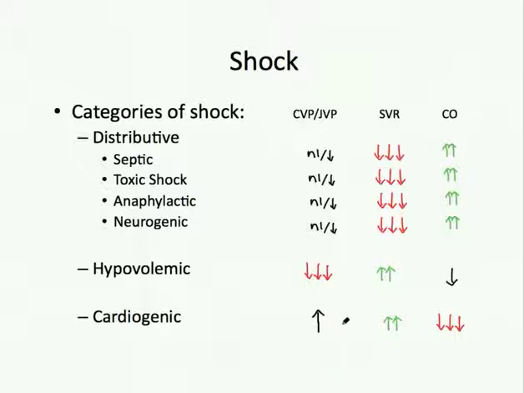The important thing to note is that cardiogenic shock is the only form of shock where we're going to be seeing an increased central venous pressure and JVP. So if we see that, we can clue in that cardiogenic shock is what's going on. And now we've put together this entire diagram.